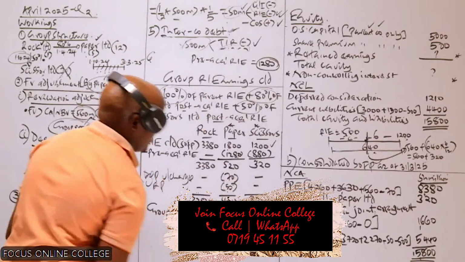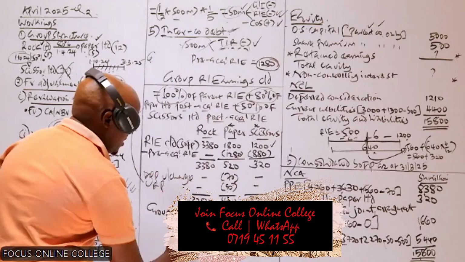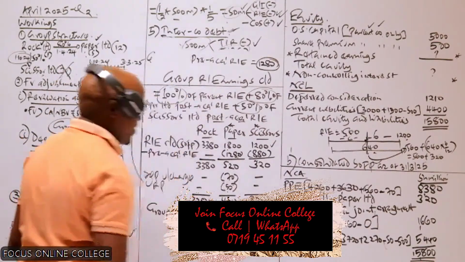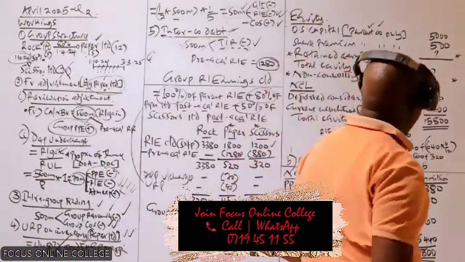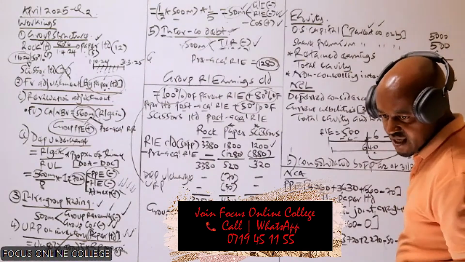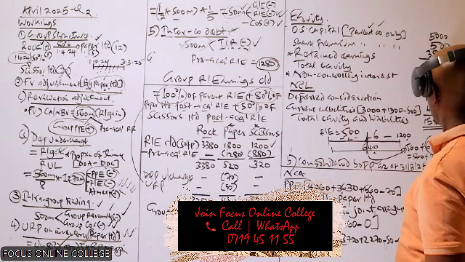So this will be 160. This will be 320. This one will be 3380. And then we add those three values. That will give us the group retained earnings, which is 3860.